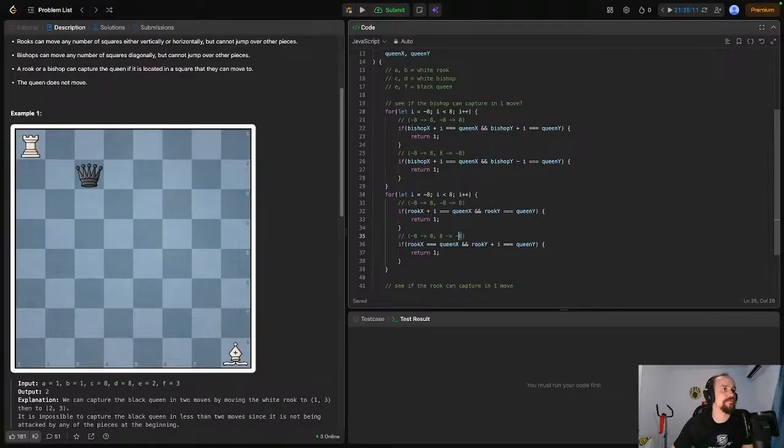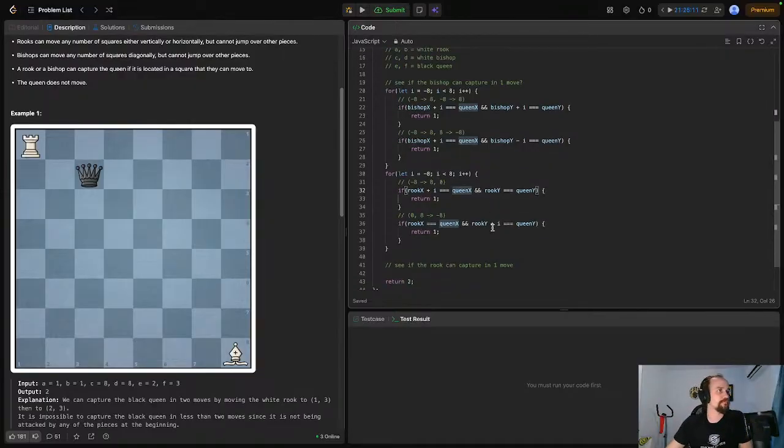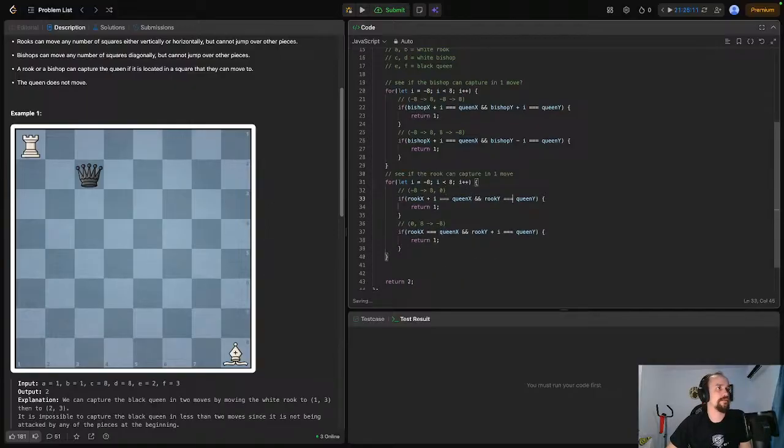And so this will be 0 the whole time, and this will be 0 the whole time. So we're basically just checking, for the entire x, is the queen there? For the entire y, is the queen there? Excuse me. And we'll put that here.